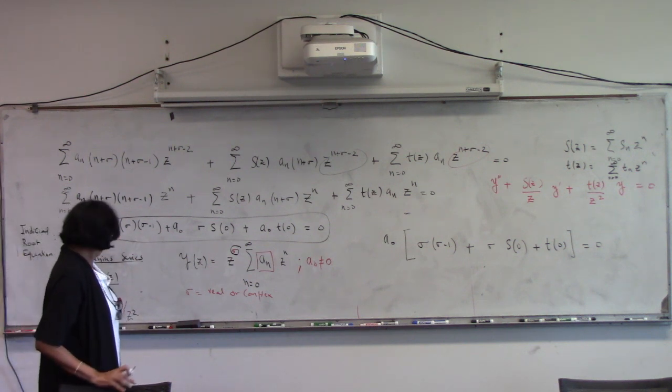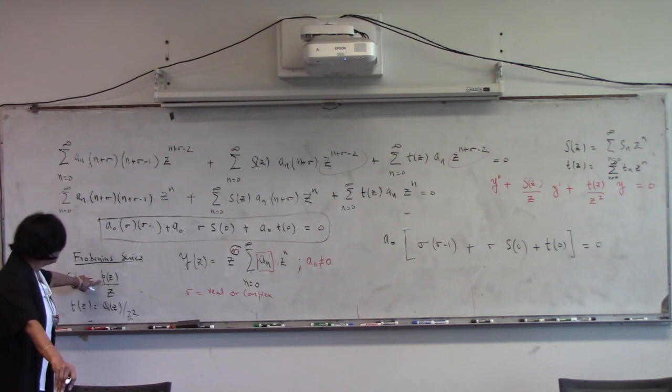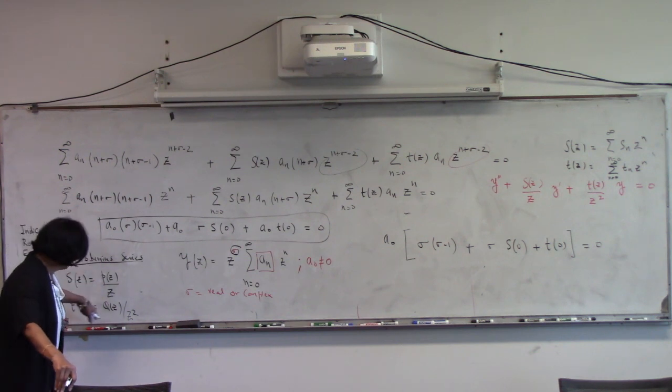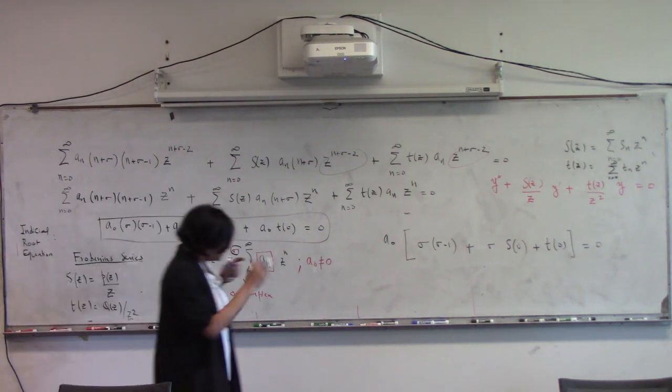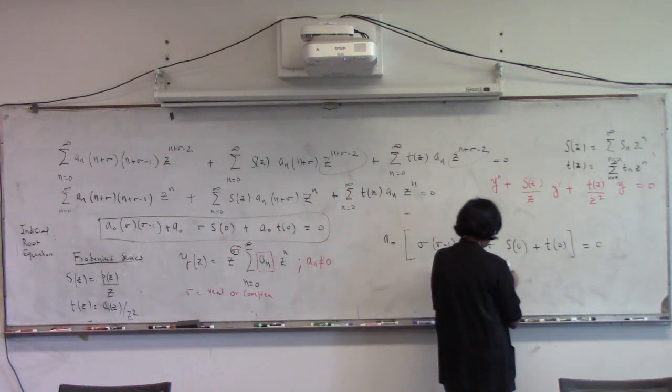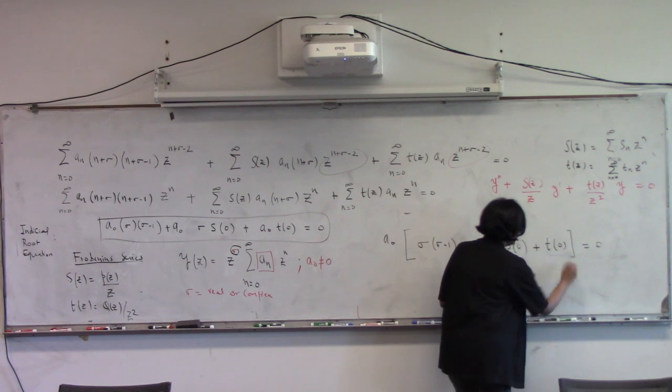If I know the functional form of the differential equation, which you will, given a differential equation, I can calculate these things at z equal to 0. So these are known quantities for a given differential equation.